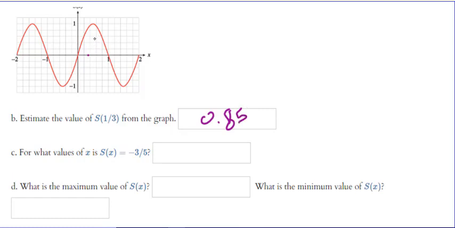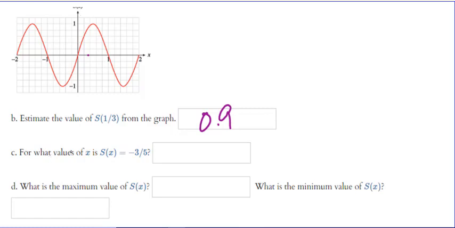Yeah, 2, 4, 6, 8. You know, I'm not sure that I wouldn't make this one 0.9. Yeah, about 0.9. That's what I'd make it. It's halfway in between there.